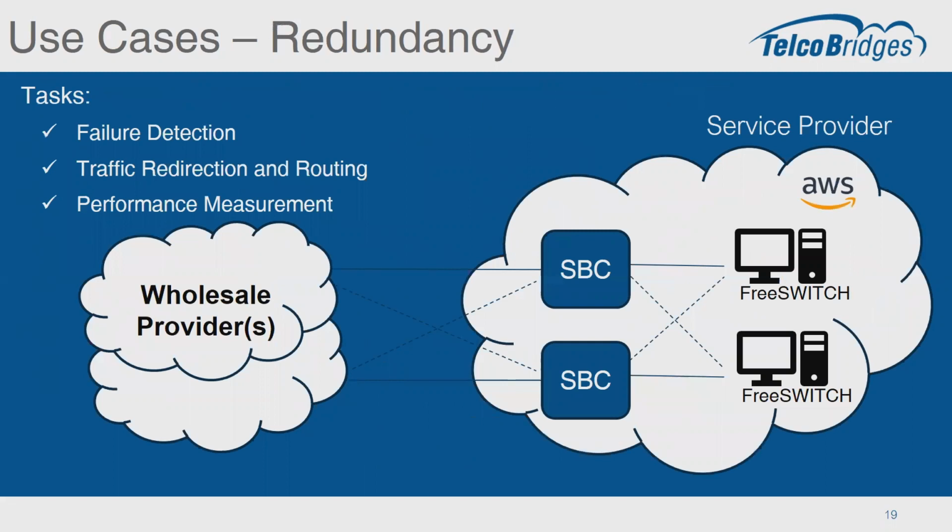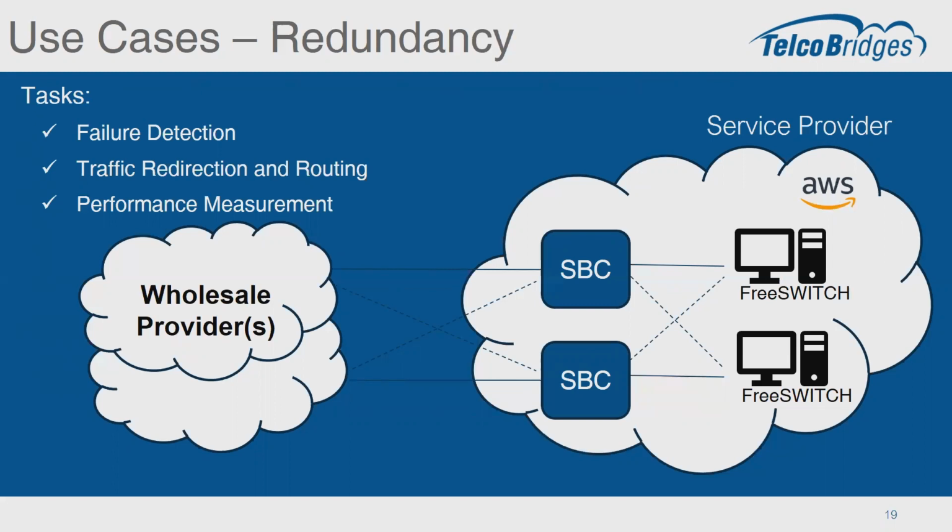Another third use case we envision it operating in is where a service provider has chosen to put, let's say, their softswitch, in this particular example FreeSWITCH, maybe in a redundant environment in AWS. We've got one customer who's actually using this configuration, where they've got fully redundant FreeSWITCH servers on AWS, and to provide security, interoperability, and routing for those FreeSWITCH servers, they're putting redundant session border controllers in the AWS environment to front end that.